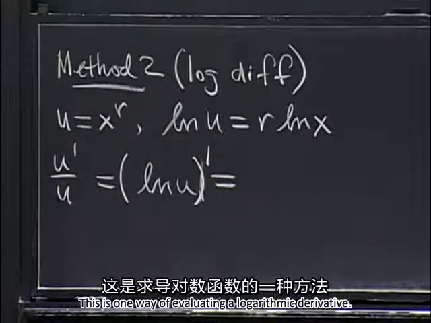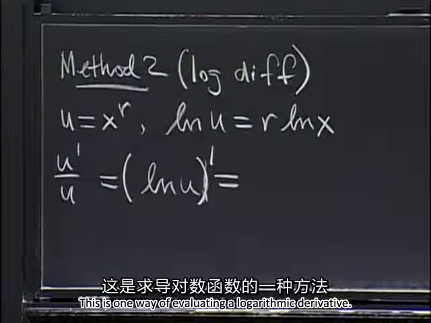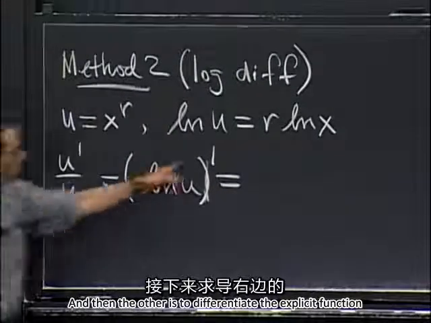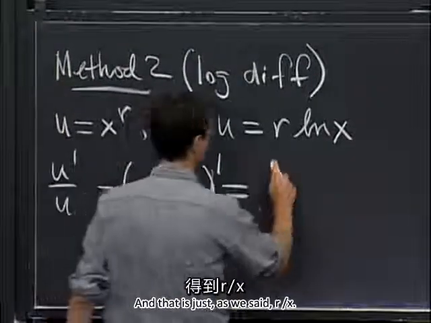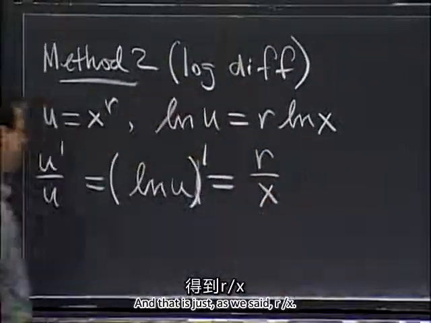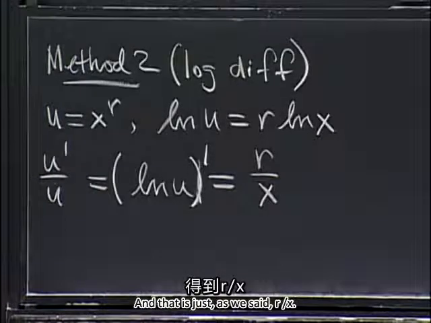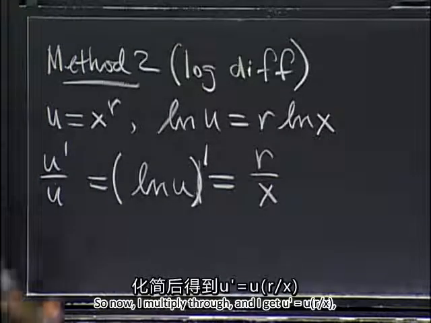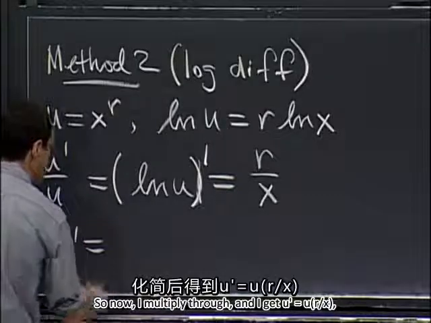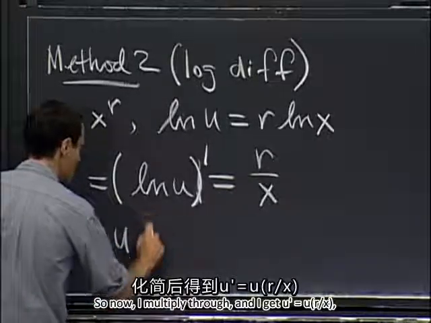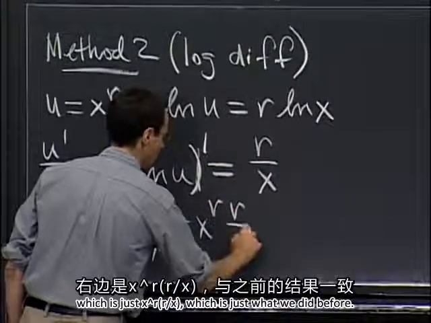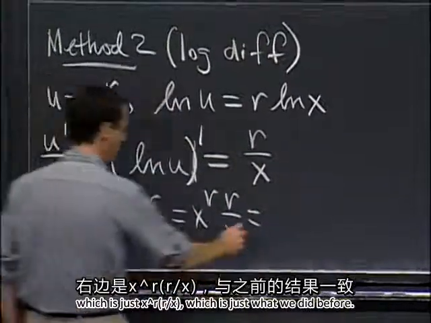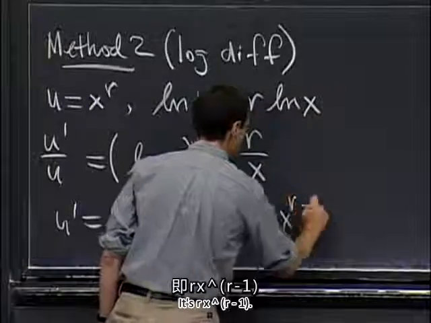This is one way of evaluating the logarithmic derivative. And the other is to differentiate the explicit function that we have over here, and that is just, as we said, r over x. So now I multiply through, and I get u prime is equal to u times r divided by x, which is just x to the r over x, which is just what we did before. It's r x to the r minus 1.